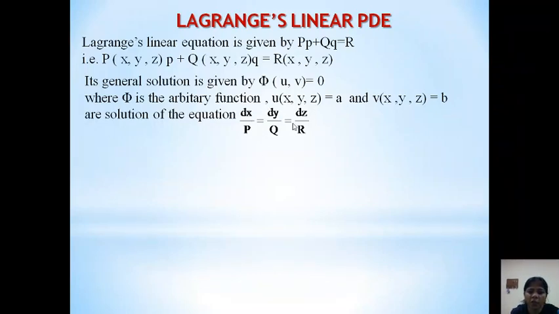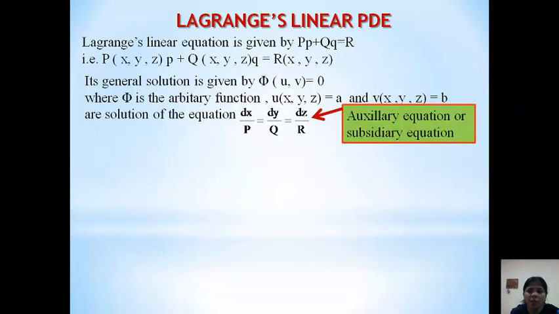This equation is called Lagrange's auxiliary equation, or also called the subsidiary equation. Now, what is the working rule to find the solution of the Lagrange's auxiliary equation?